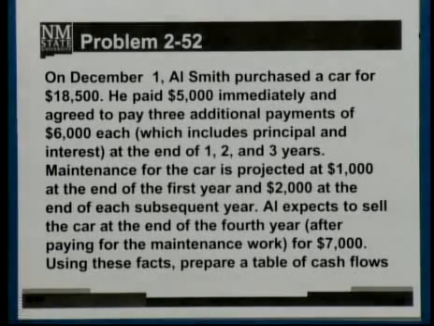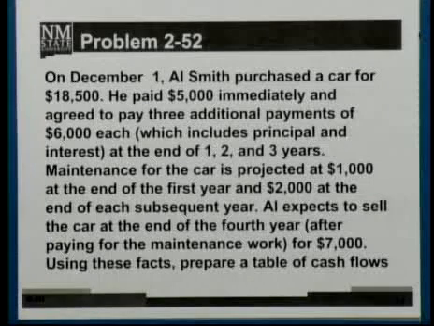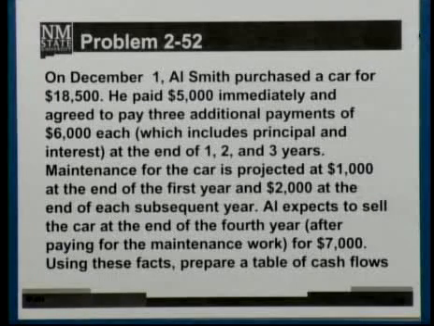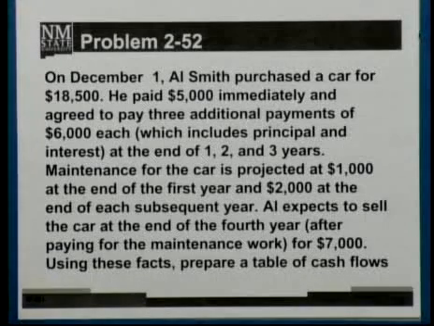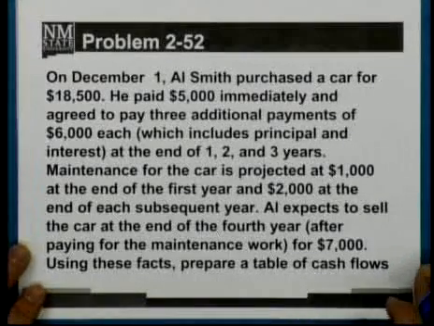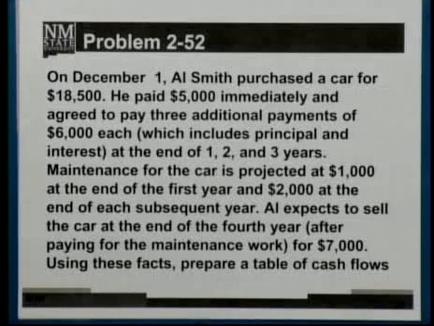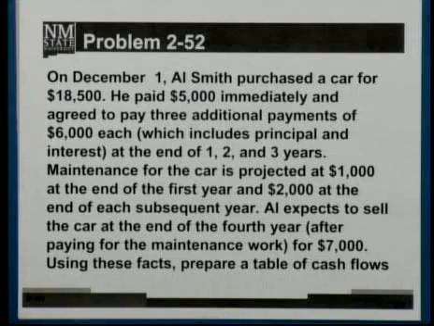The maintenance for the car is projected at $1,000 at the end of the first year and $2,000 at the end of each subsequent year. R expects to sell the car at the end of the 4th year after paying for the maintenance work for $7,000. Using these facts, prepare a table of cash flow.